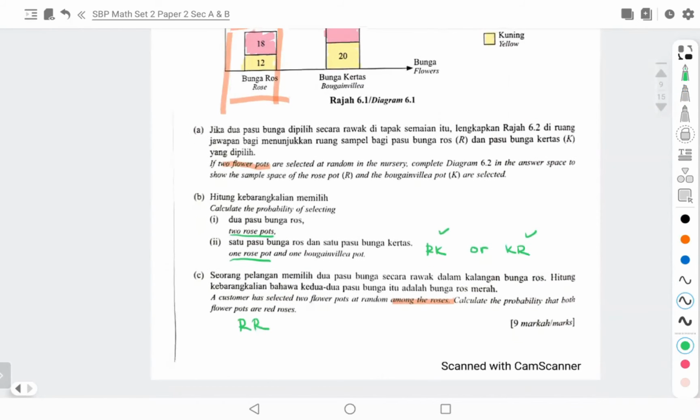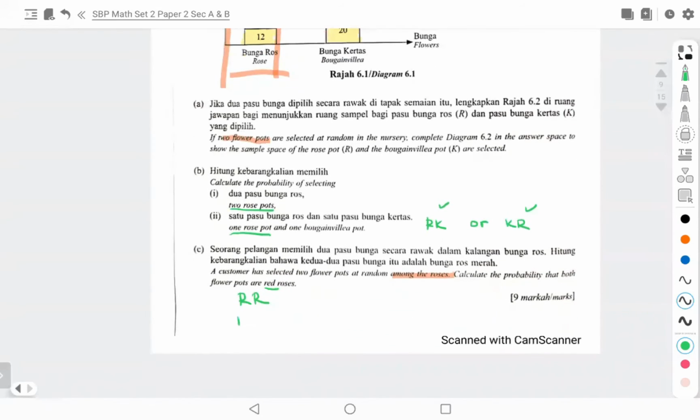First selection, you have all the red and yellow roses, so you choose among the 30 roses. Then you must have red, so red color is 18. 18 over total roses, which is 30. Second one, you want to choose red roses again, so it will be one less: 17 over 29.